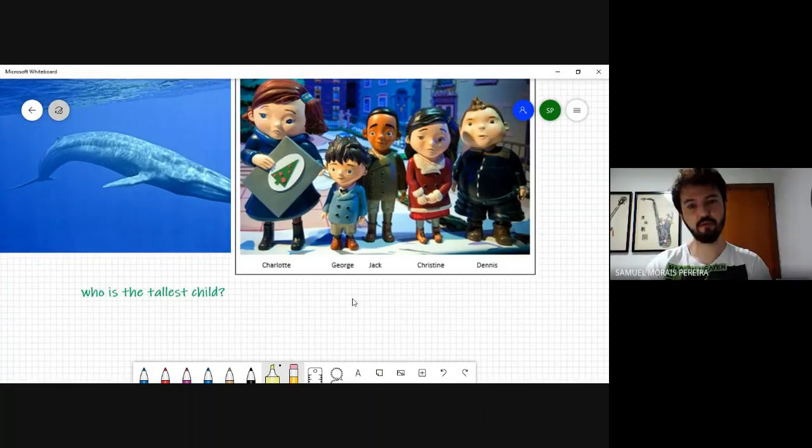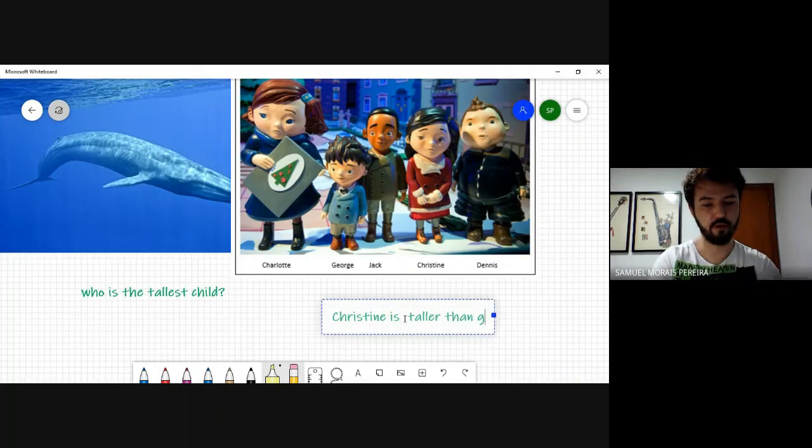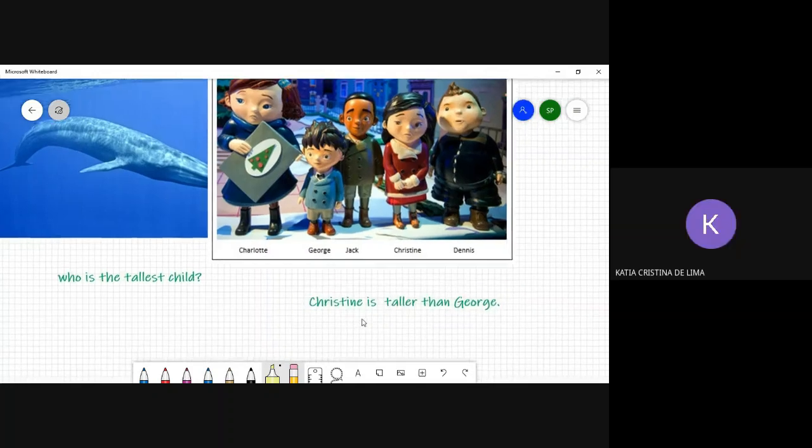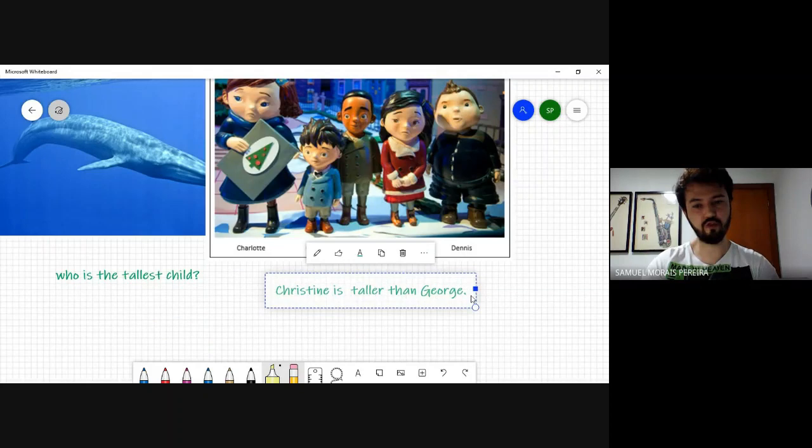Falando da altura, okay? Christine is taller than George. Perfect. Can you see the difference now, guys? Katya, fica aí ainda, tá?